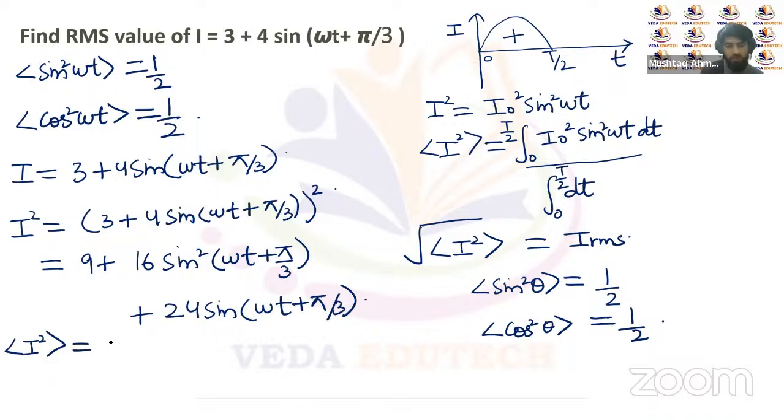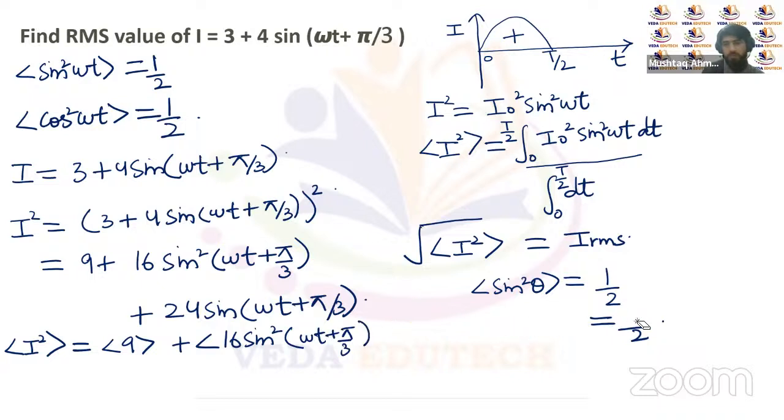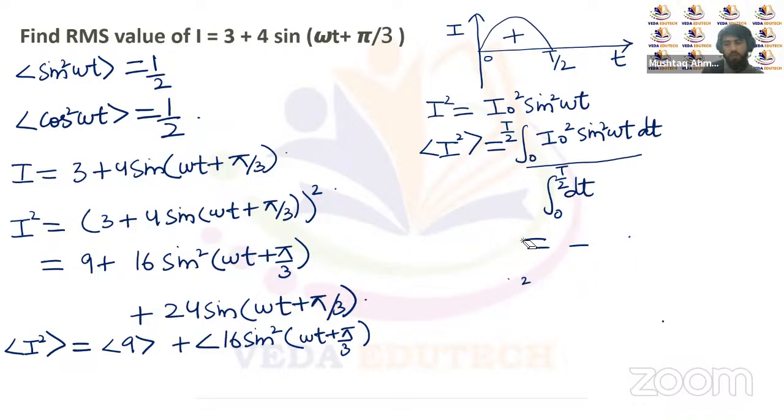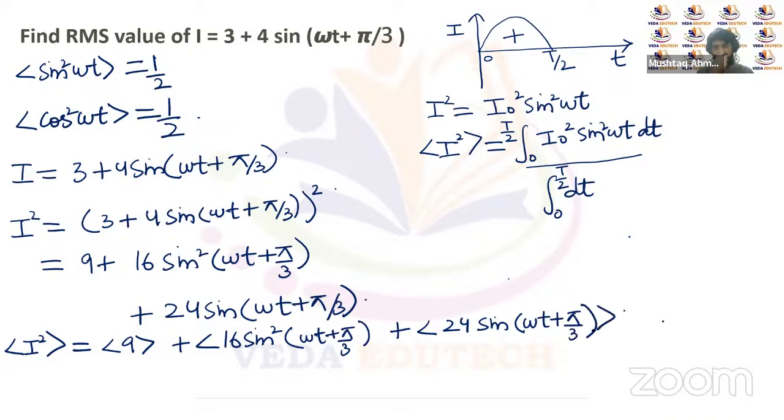So it will be the mean of 9, and the mean of this 16 sin square(ωt + π/3), and the mean of this factor as well, that is the mean of 24 sin(ωt + π/3).